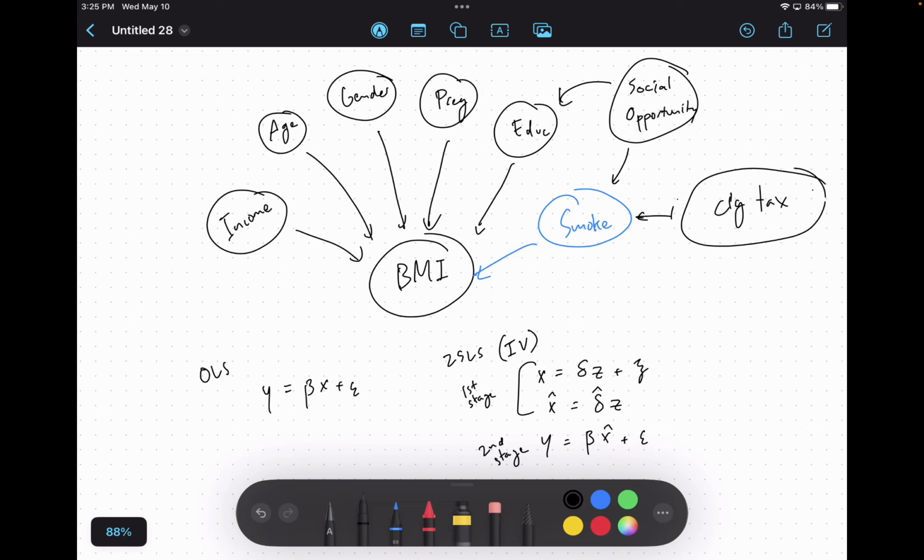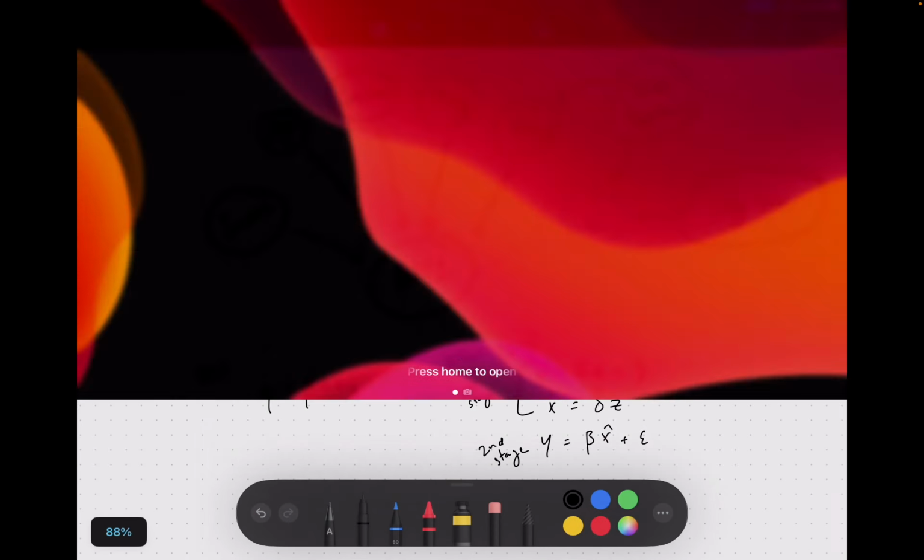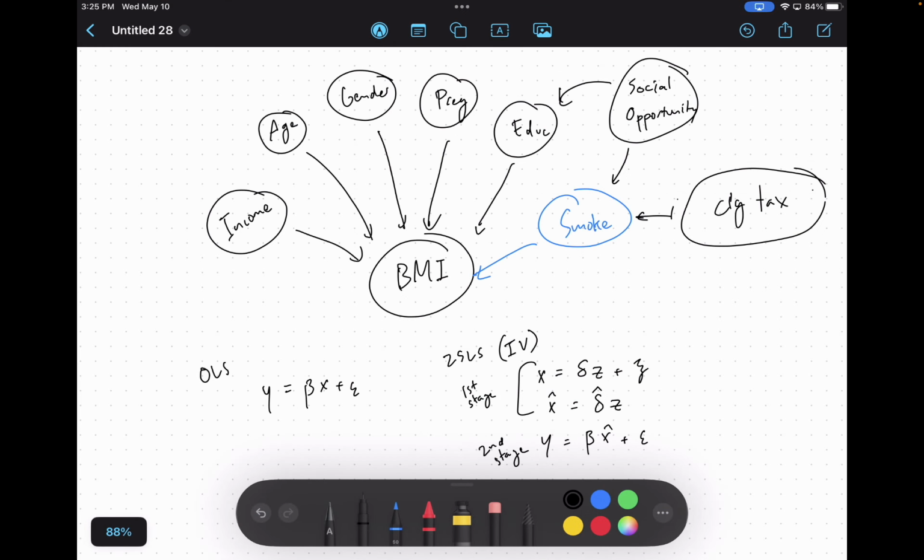You could be in the same place and not experience the tax, and then later experience the tax, and see how smoking changes, right? So we're okay on maybe one of the concerns that I would have, but then you were saying that income could be mediating the effect of the tax on smoking.